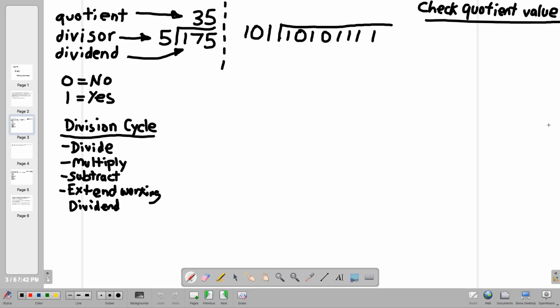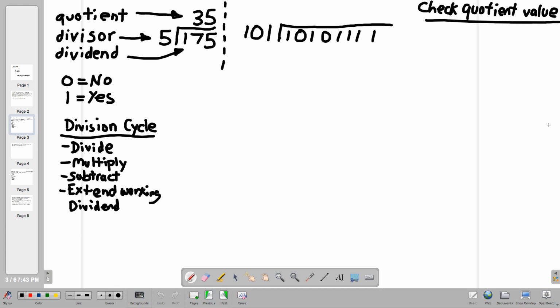As we perform division in this computation, there's a cycle for each working dividend. We divide, next we multiply, next we subtract, and next we extend the working dividend, and that's by bringing a number down to create the next working dividend.